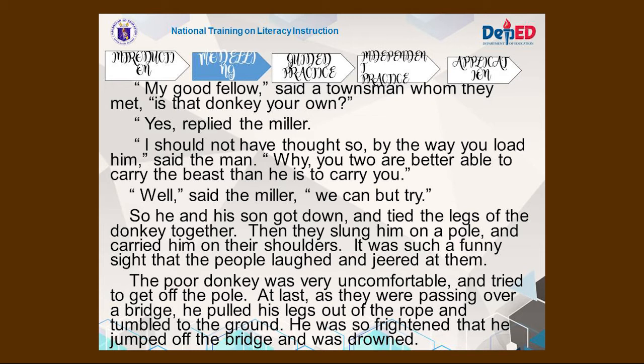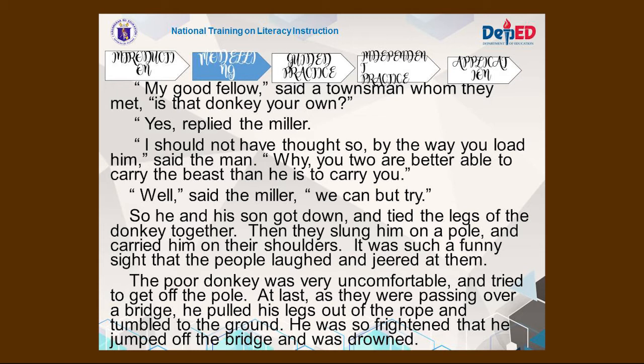"My good fellow," said the townsman whom they met, "is that donkey your own?" "Yes," replied the miller. "I should not have thought so. By the way, you load him," said the man. "Why, you two are better able to carry the beast than he is to carry you." "Well," said the miller, "we can but try."